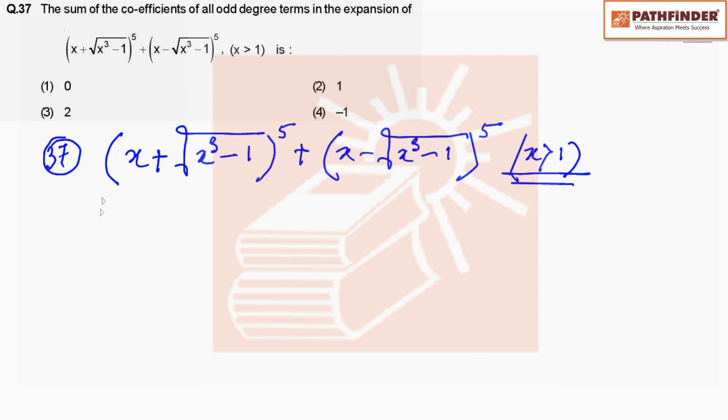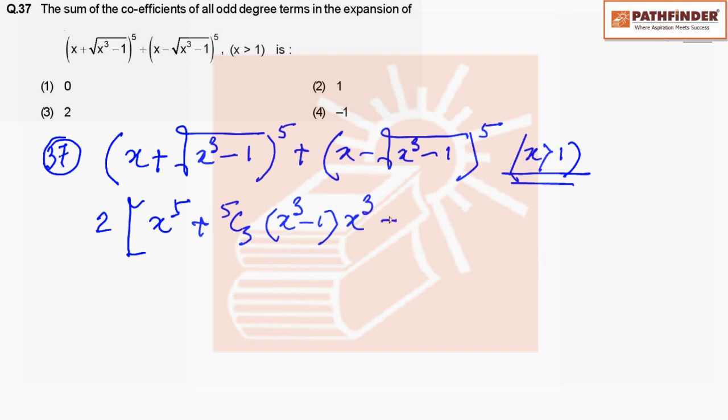So we get 2 into x to the power 5 plus 5C3 into x cube minus 1 into x to the power cube plus 5C4 into x into x cube minus 1 whole square. These are the odd degree terms.